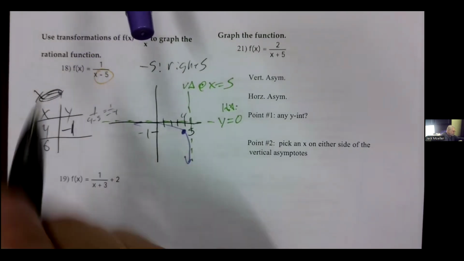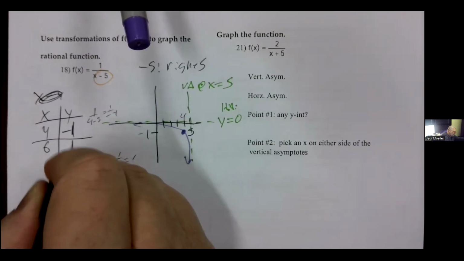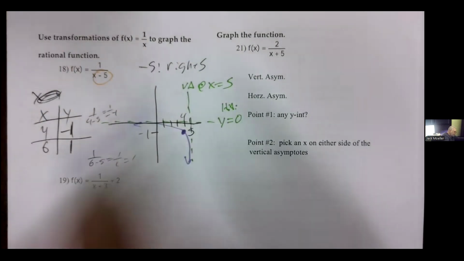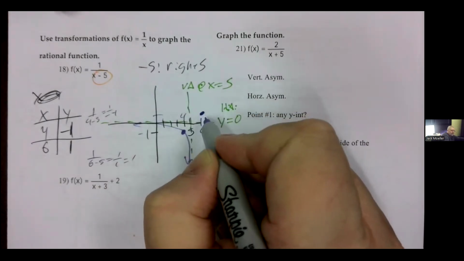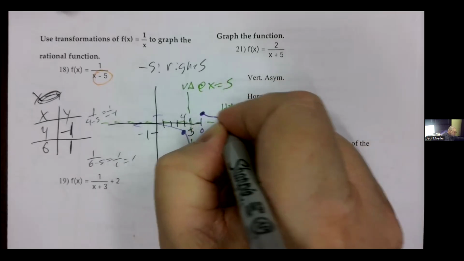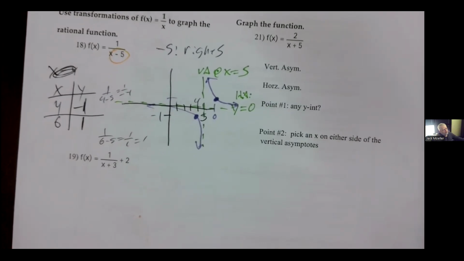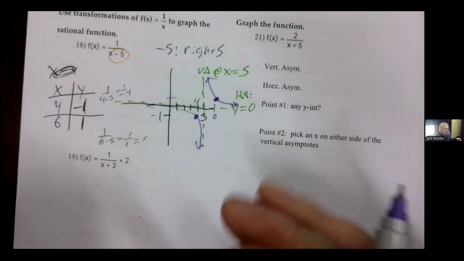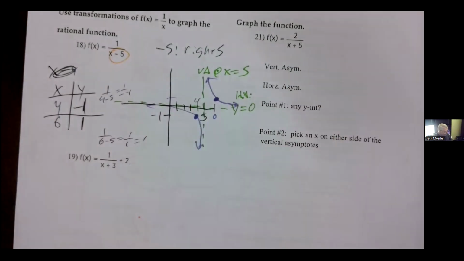So 1 over 1 is 1. So now I do 6, 1. That's going to be right there. So if that's that point, and those are the coordinates of my asymptotes, that's the nice thing about the asymptotes: once you've got a point on that graph, you can kind of just fill it in.